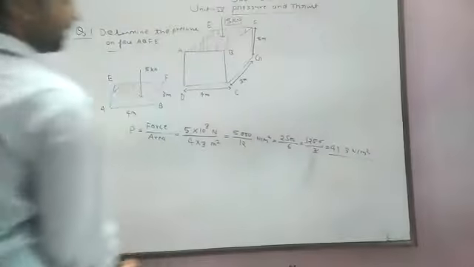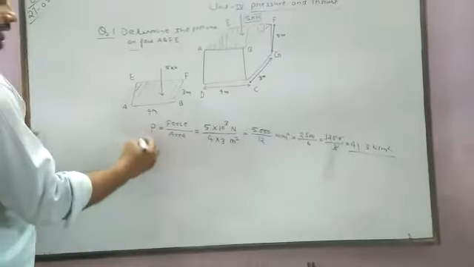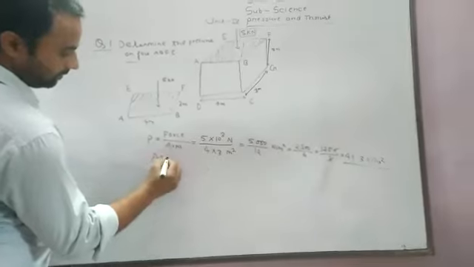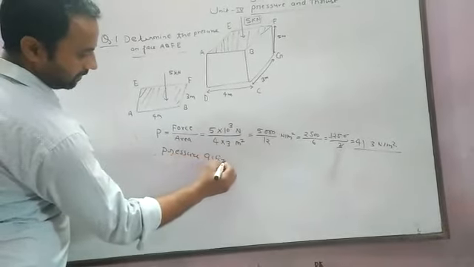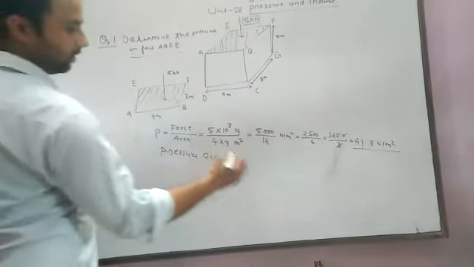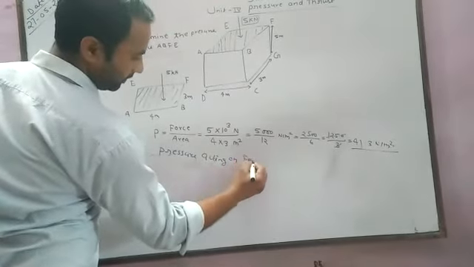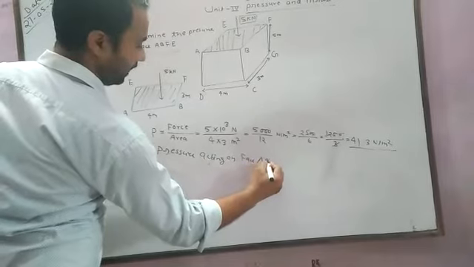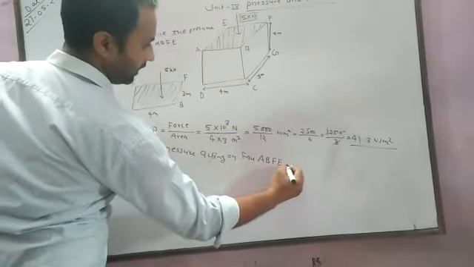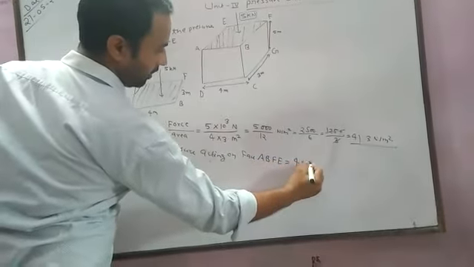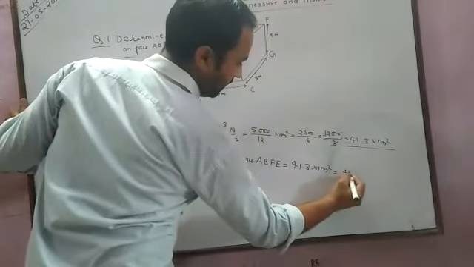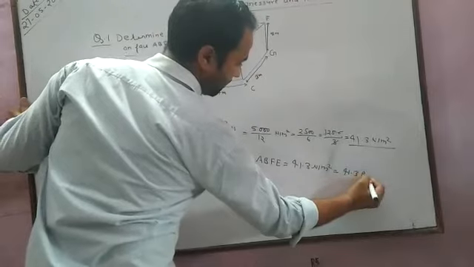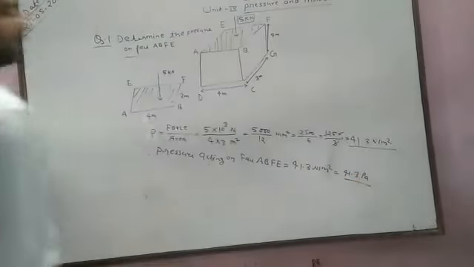This is the pressure acting on the face A, B, F, E. And this is equal to 416.7 Newton per meter square, and we can write it as Pascal. This is the final answer.